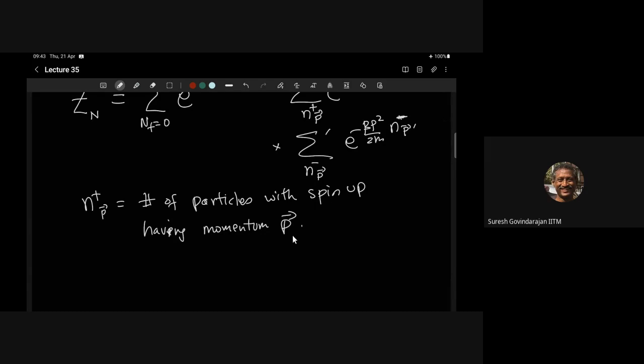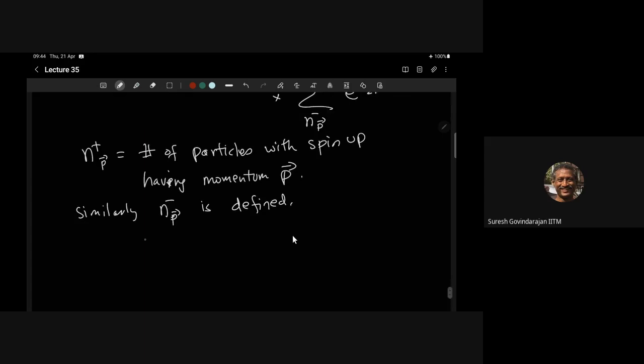Okay, and there's the prime. Similarly, n minus p is number of particles with negative spin. Okay. There are primes here.